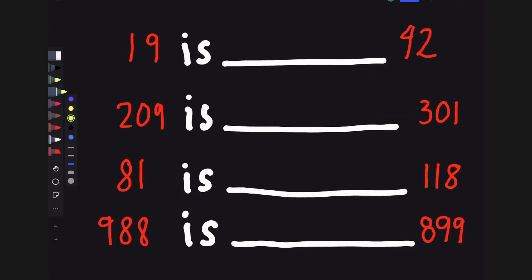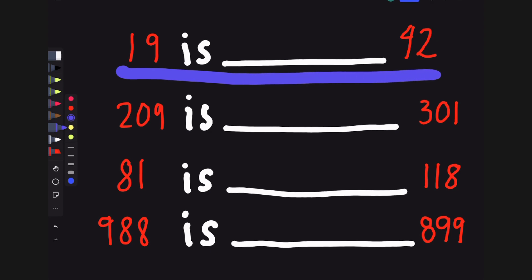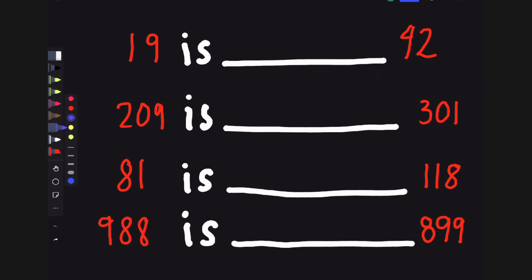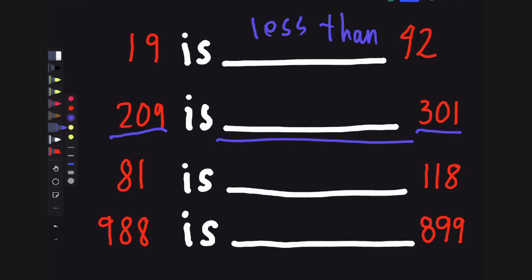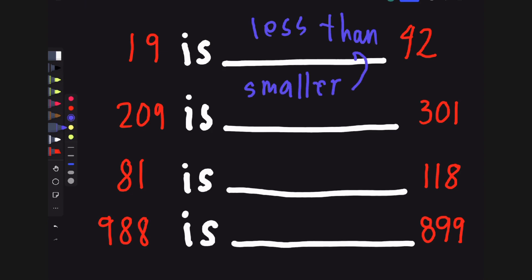Let's try these together as well. 19 is blank, then 42. 19 is less than. 209 is blank, then 301. 209 is smaller, or another way to say smaller is less than.